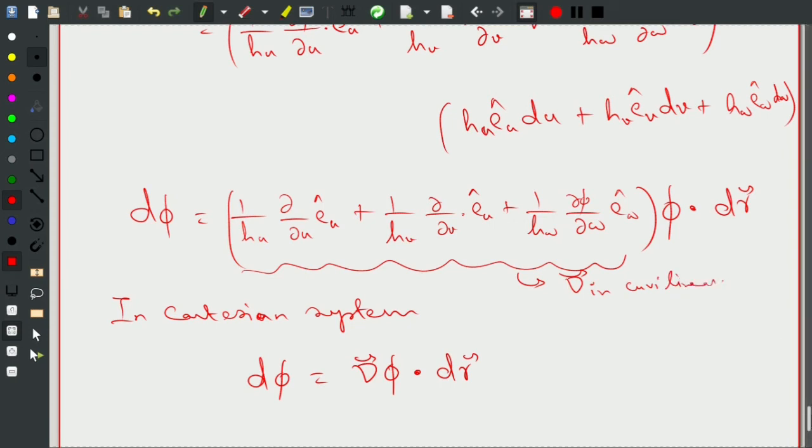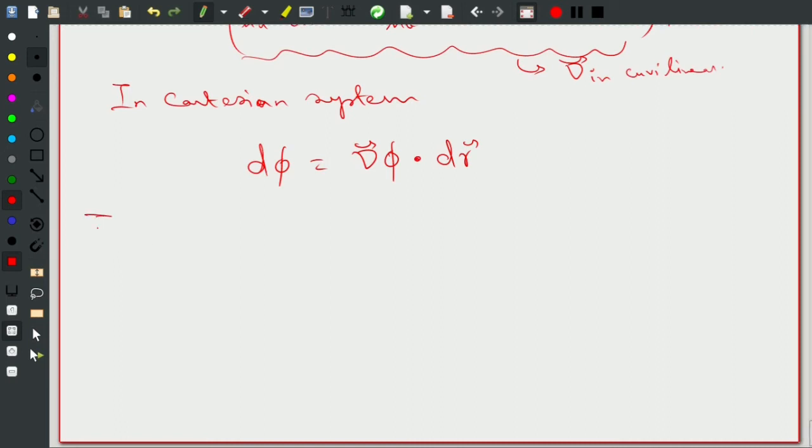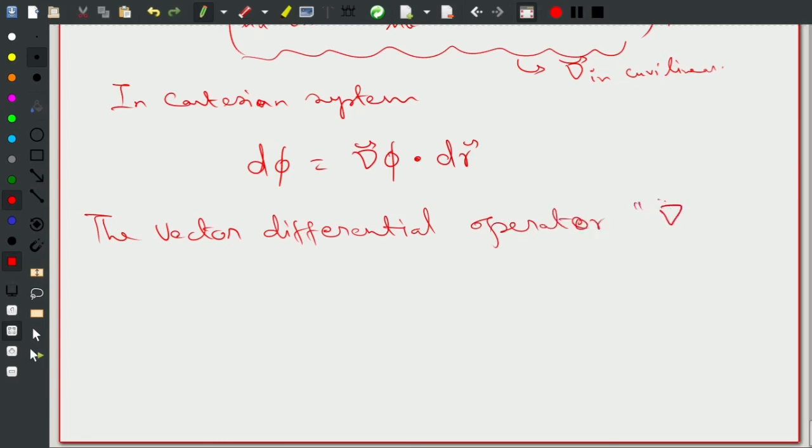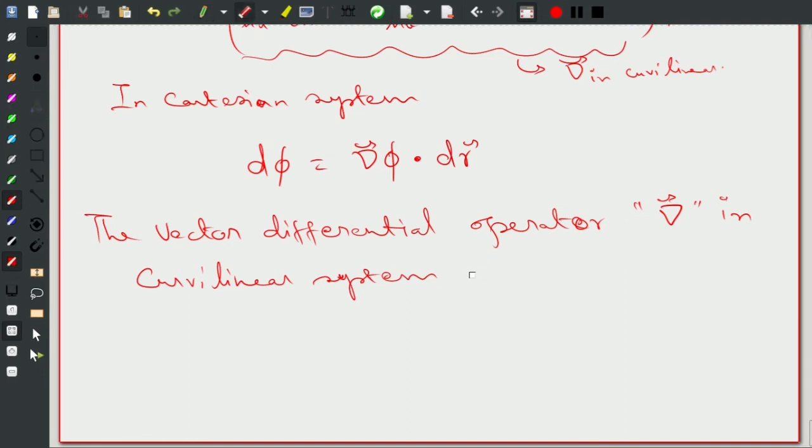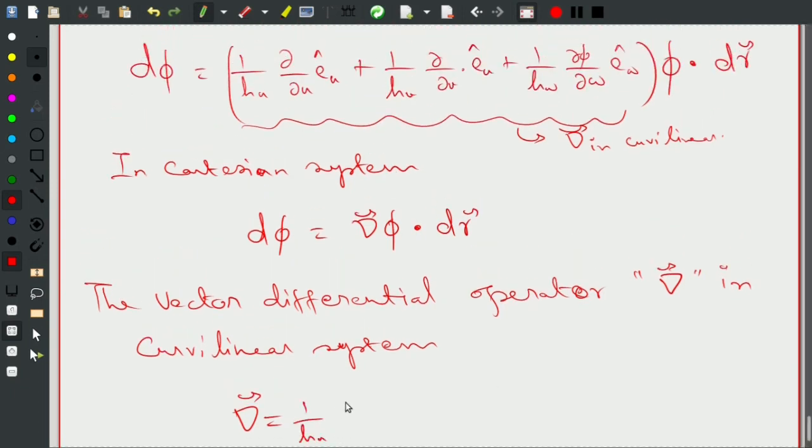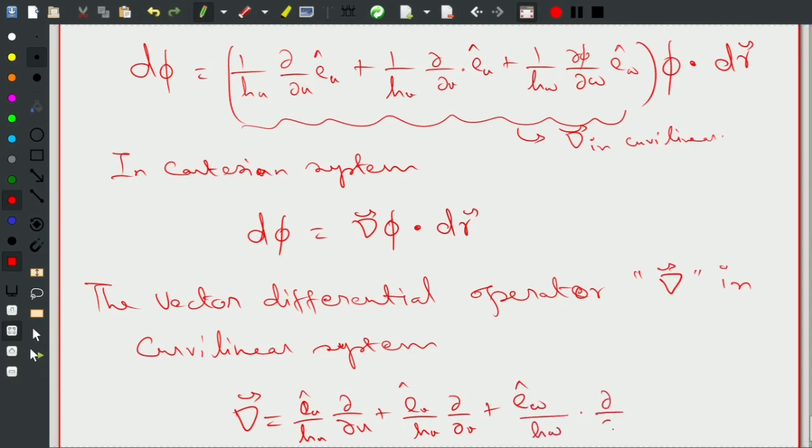Therefore our del operator, the vector differential operator, in the curvilinear system turns out to be e_u cap divided by h_u ∂/∂u plus e_v cap divided by h_v ∂/∂v plus e_w cap divided by h_w ∂/∂w.